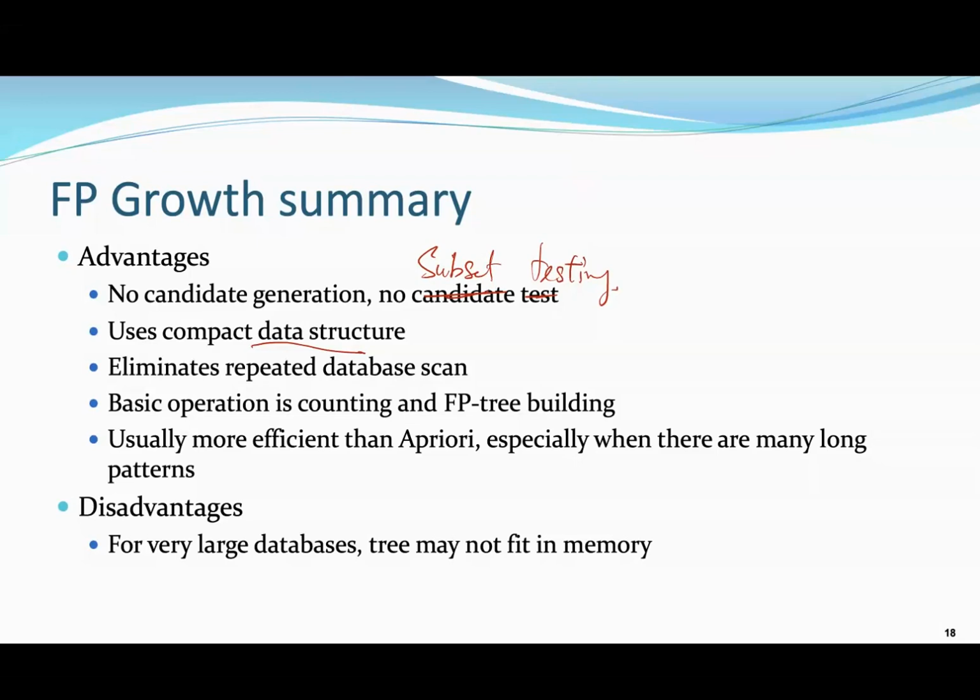The FP tree can be considered as a compressed version of the database. So if your original database is huge, then even though you can compress it into an FP tree, the FP tree could still be very large, and it may not fit into memory so well. But nowadays, memory is very cheap, so the FP growth algorithm is even more practical.